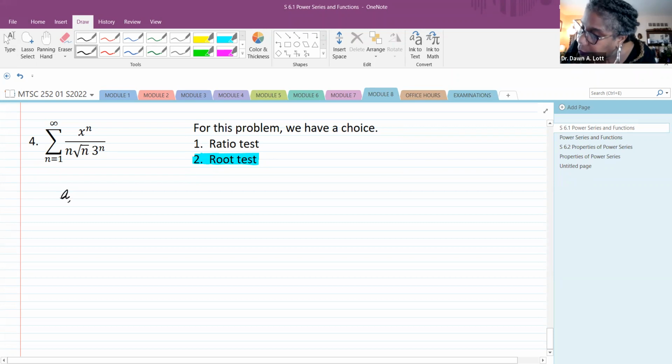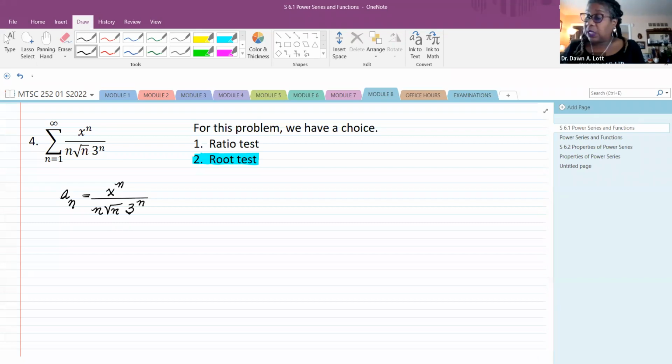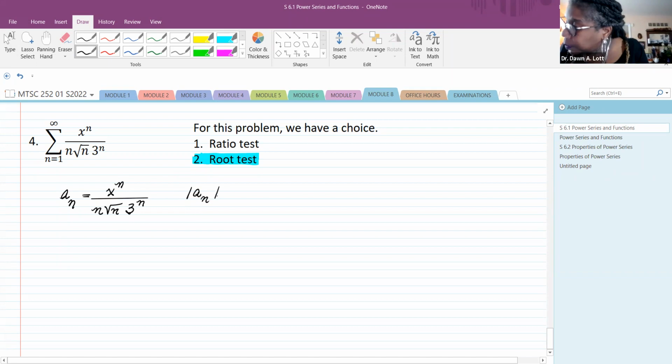So a sub n is x to the n divided by n, the square root of n, times 3 to the n. Okay, so that kind of does really say, let's use the root test. Okay, so everything's positive. That's great. So the absolute value of a sub n simply is just going to put the absolute value of x inside here.